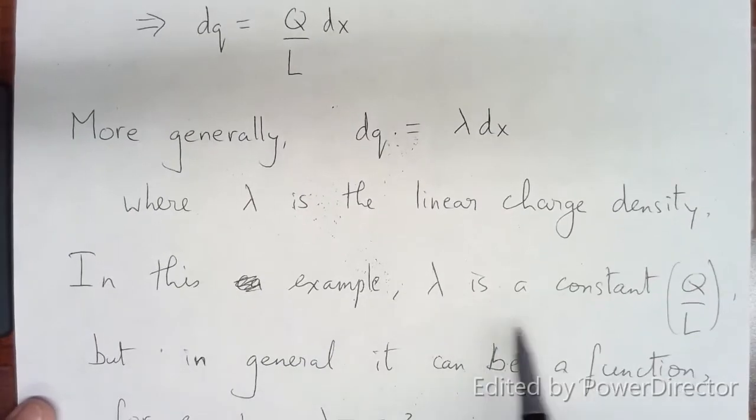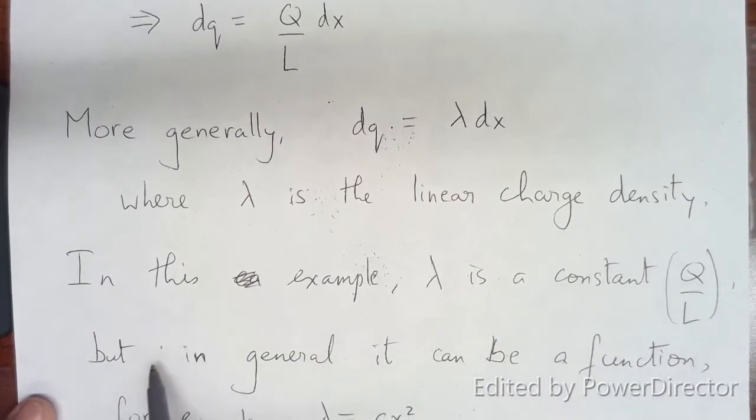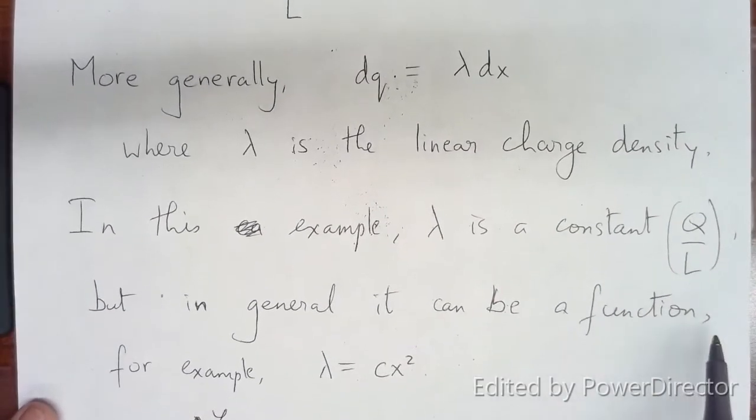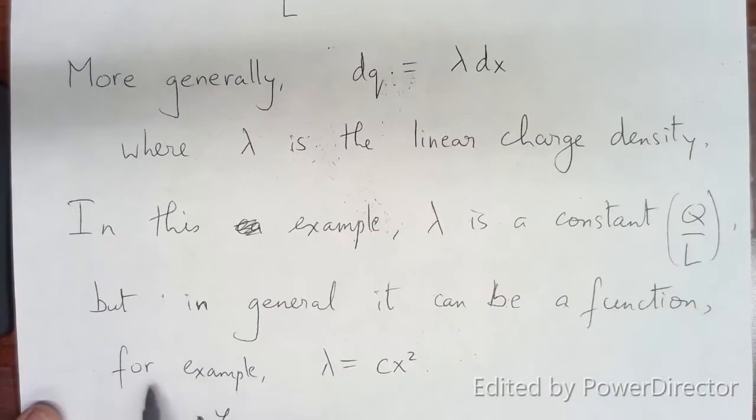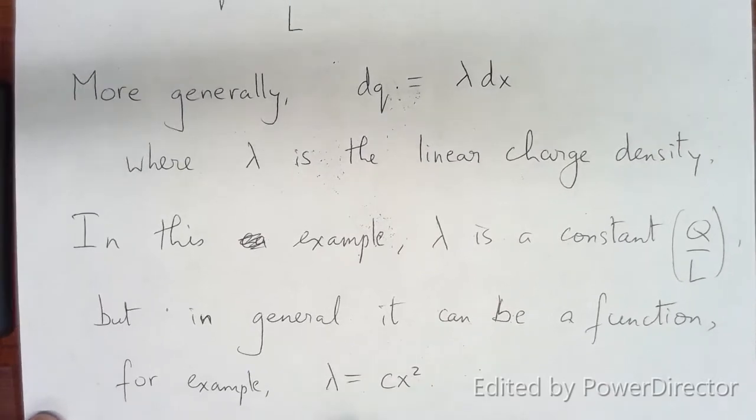In this example, lambda is a constant, Q over L, but in general it can be a function depending on position. So for example, we could have lambda is equal to cx squared. In this example of lambda equals cx squared, lambda, the charge density, would be 0 at x equals 0, but would become greater as you move to either side of the origin.